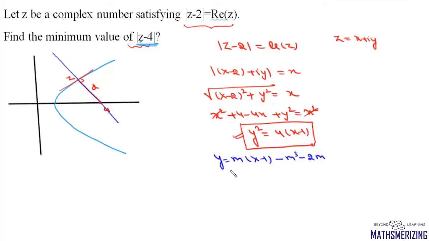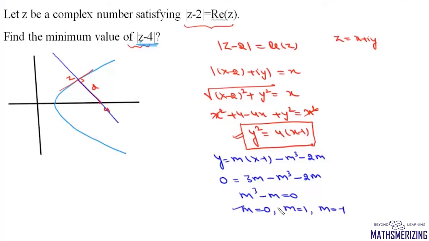So we'll put y as 0 and x as 4. So it'll be 0 = 3m - m³ - 2m. So it'll be m³ - m = 0. We'll get 3 values of m. Either m is 0 or m is 1 or m is -1.